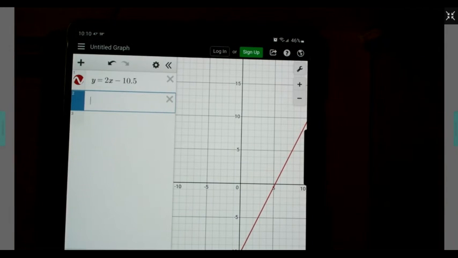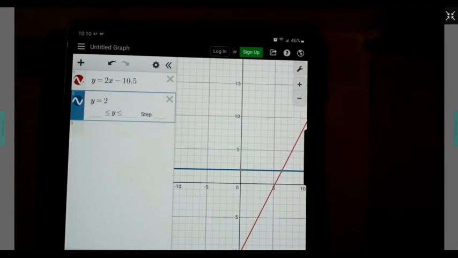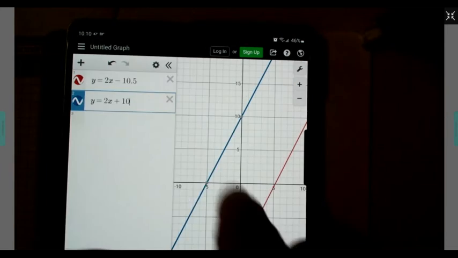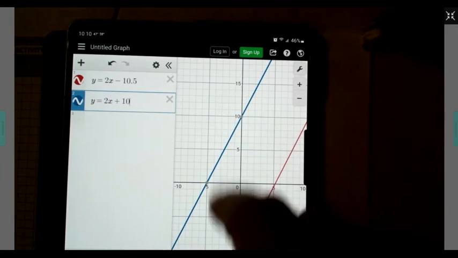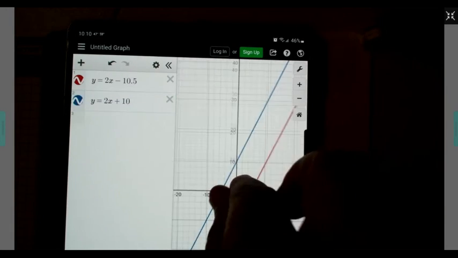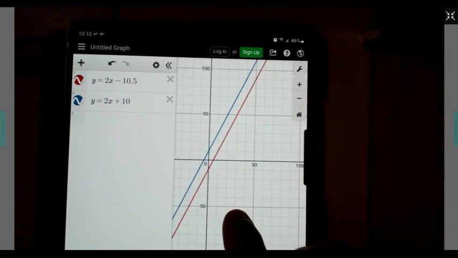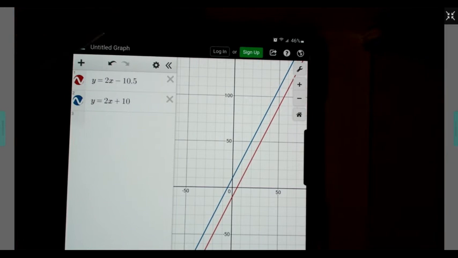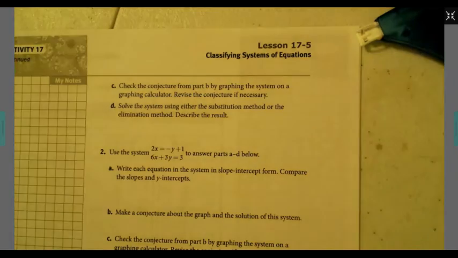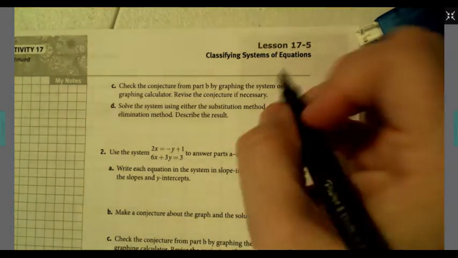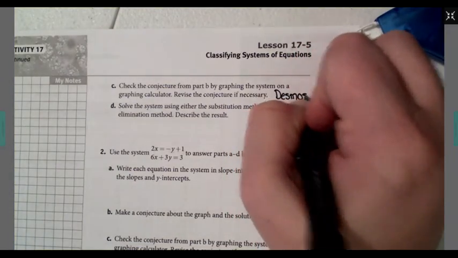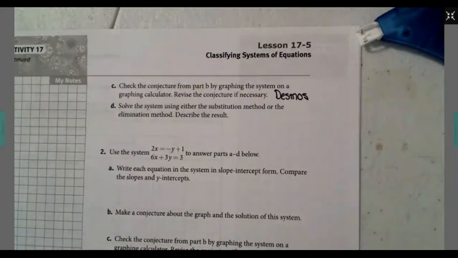The second equation was going to be y equals 2x plus 10. Notice these lines are running at the same slope, but they have different y-intercepts. So even if I shrink these down, they're never going to touch. They're always going to just be parallel. So I used Desmos here to verify that they did come out to be parallel lines.